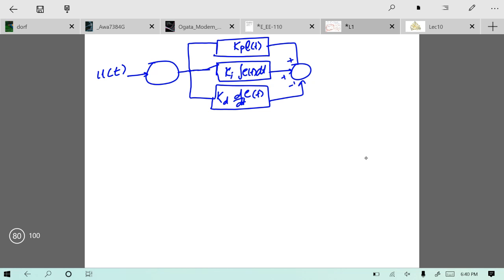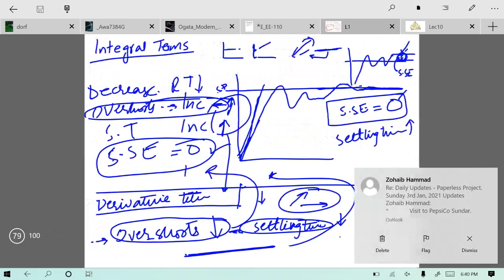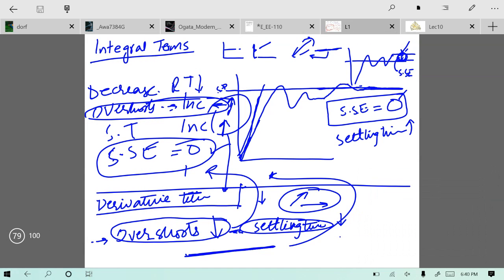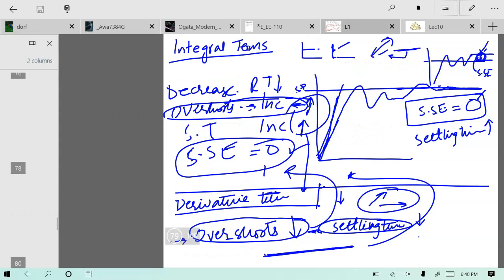Add all these responses, then you have a process, or I can say a plant, to be taken care of. And then let me draw a feedback path as well, and this is the E of t.